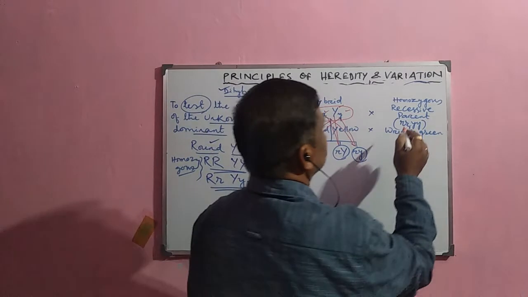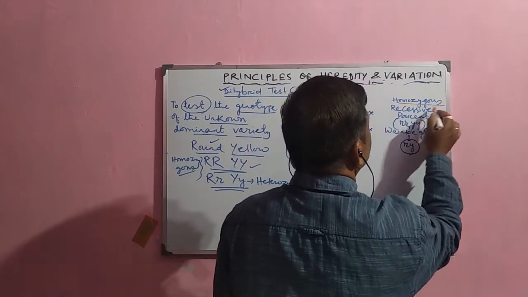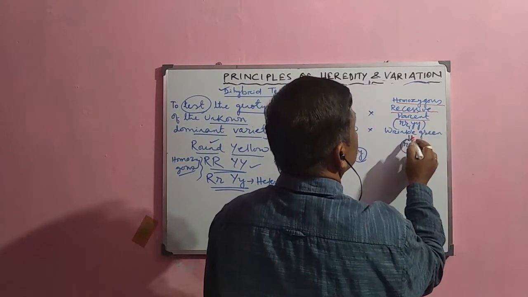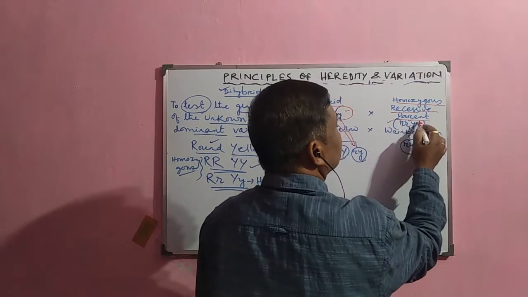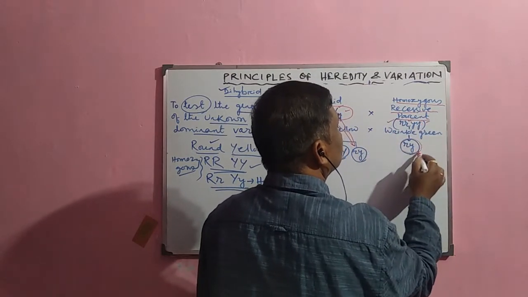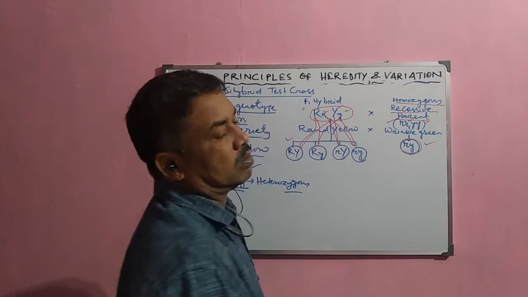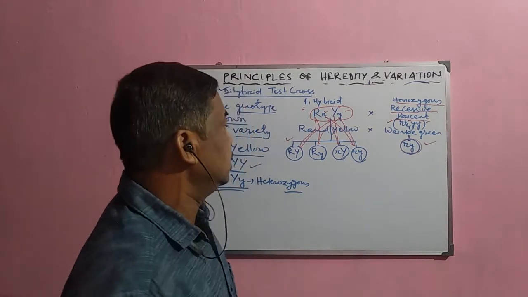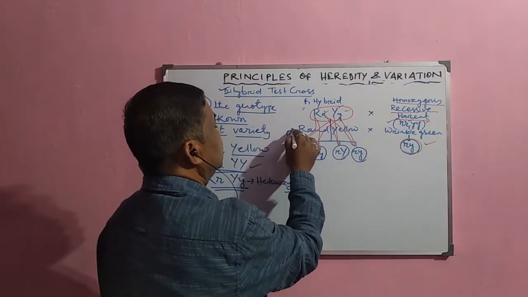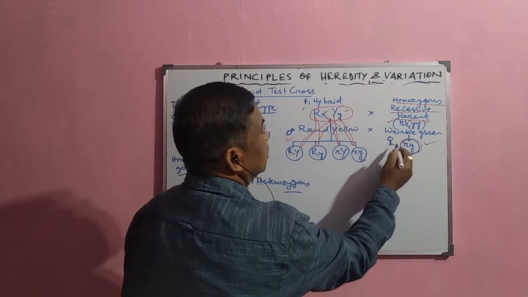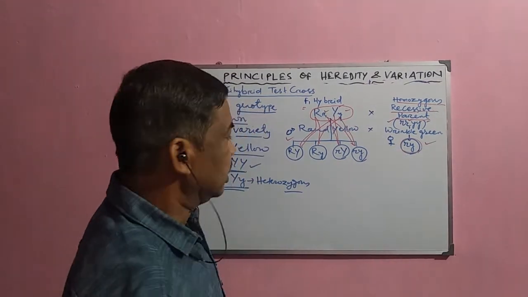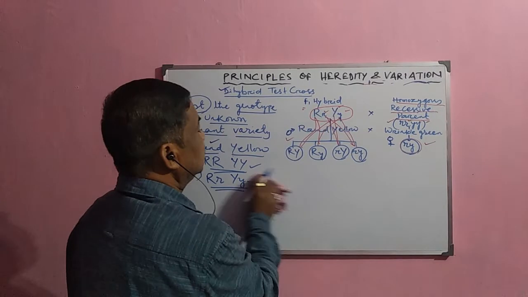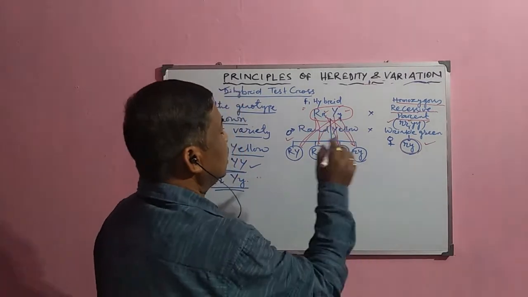But when it is crossed with the homozygous recessive parent, that means small r small r, small y small y, only one type of gamete is formed. Suppose this is the male plant and this is the female plant. Four types of gametes are formed here, and only one type of gamete.